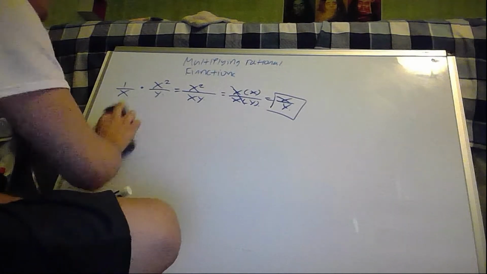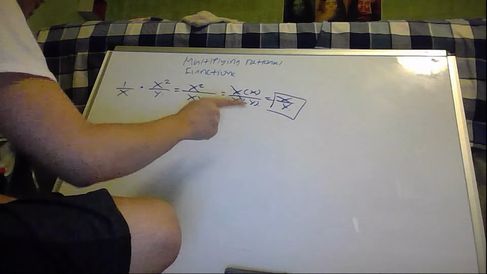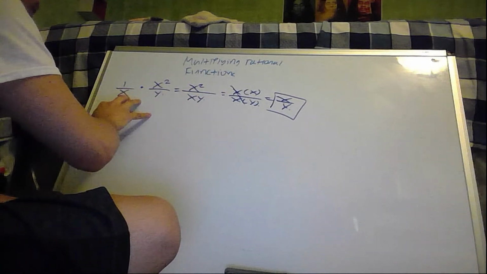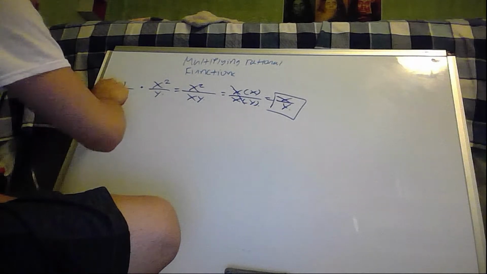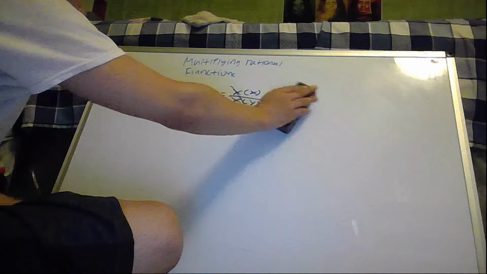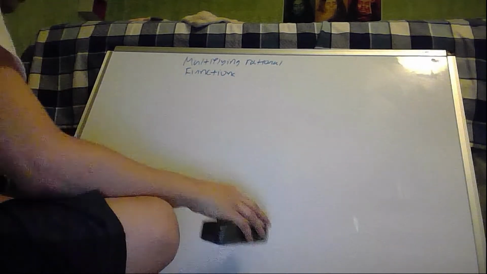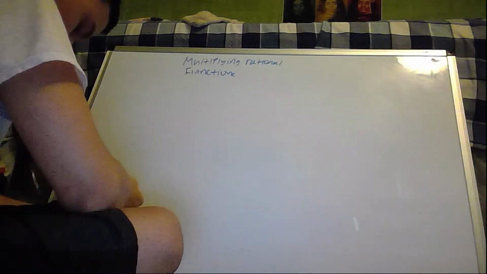Well, now, with multiplying rational functions, not every problem is that simple. You have to do a little bit of math, right? So we're going to go over a few examples with these.